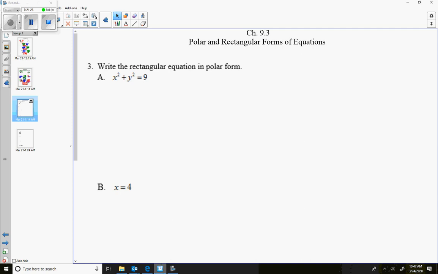Okay, in this case we're not actually going to get thetas, because plain and simply x squared plus y squared is r squared. So since x squared plus y squared equals r squared, I end up with r squared equals 9. Or simply r equals 3. So there is no theta, but it is now polar form.